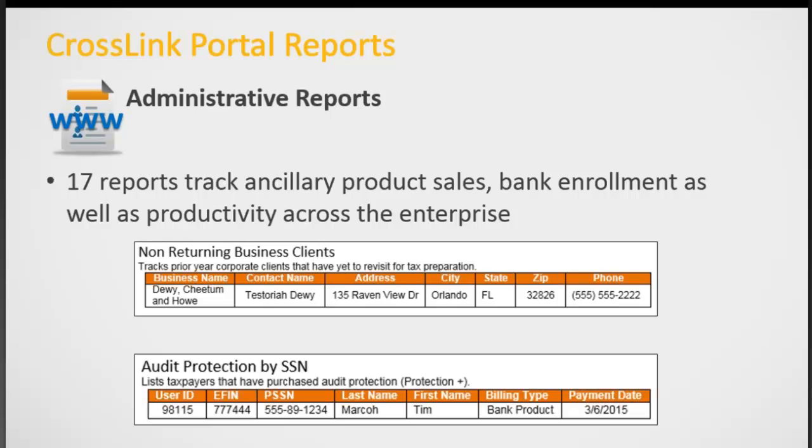Who did you complete a corporate return for last year that we haven't yet seen this year? Also audit protection. So who has purchased Protection Plus or audit protection for their returns? There's 17 different ones out there. I urge you guys to go out and see what's available. When you log into the customer portal, it's right up there at the top right-hand corner.